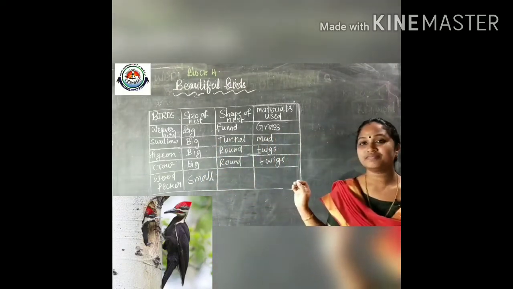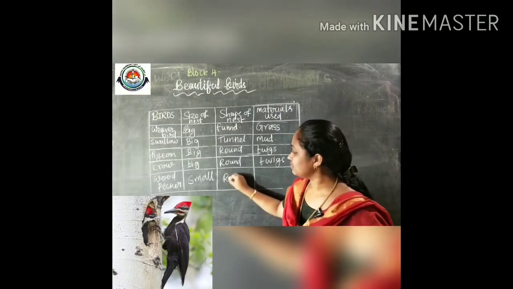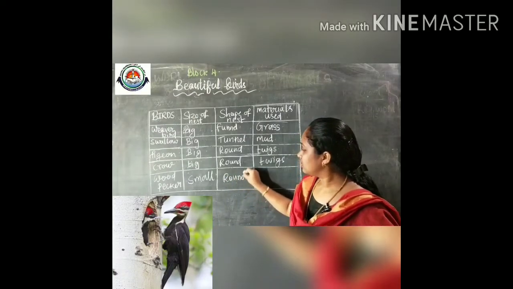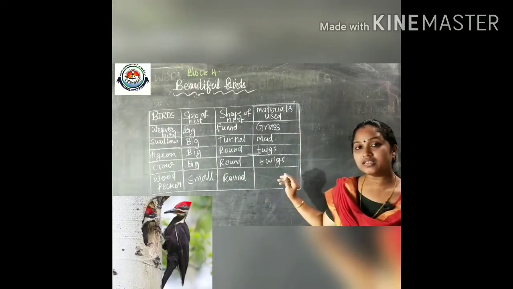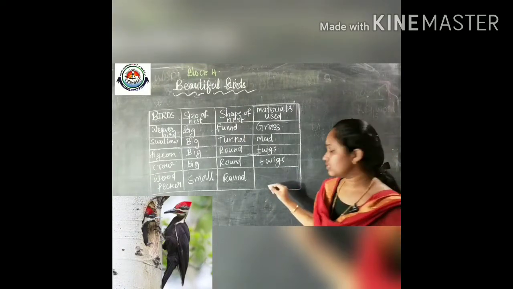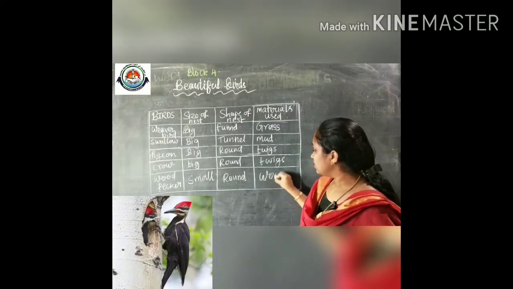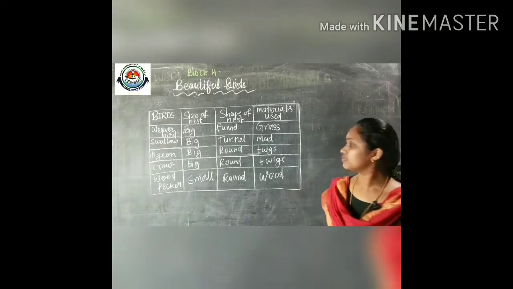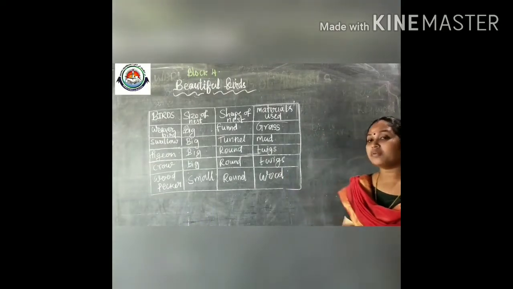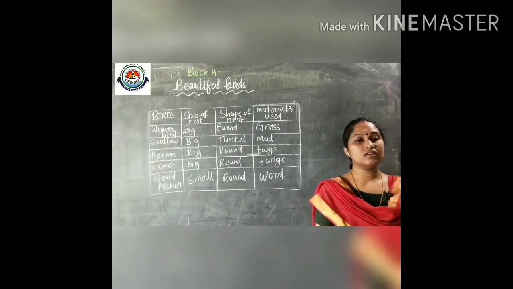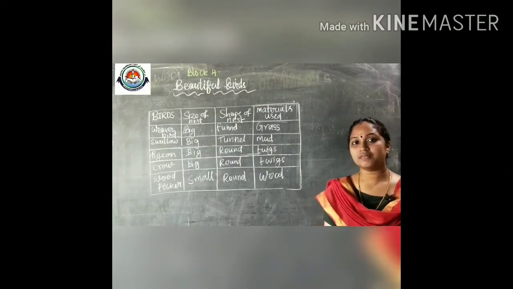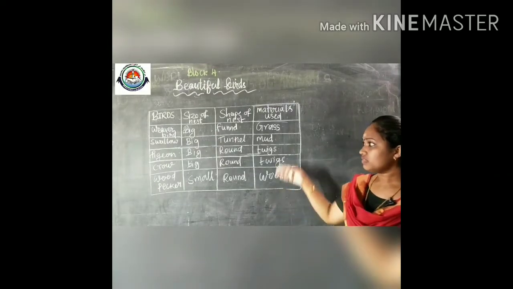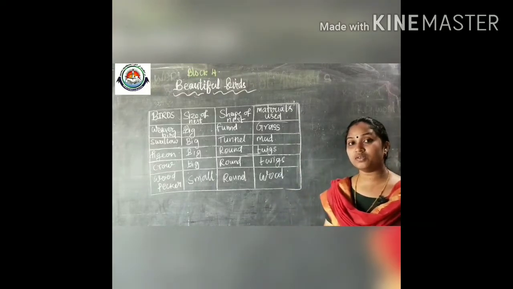Shape, round. And the materials used to build their nest is wood. So just look at the table, all of you. We observed many birds and their nest, and we have completed this table also.